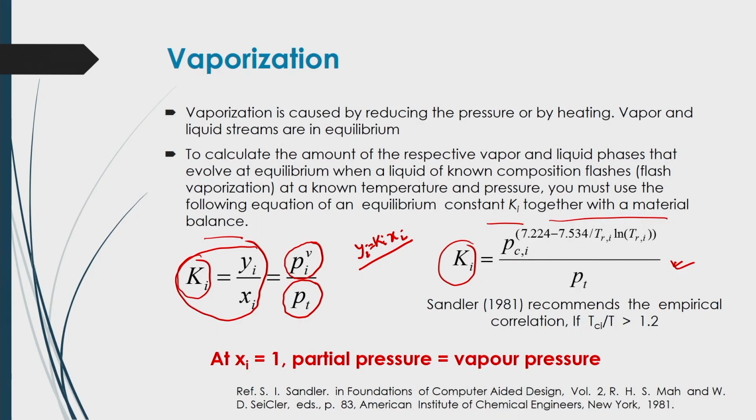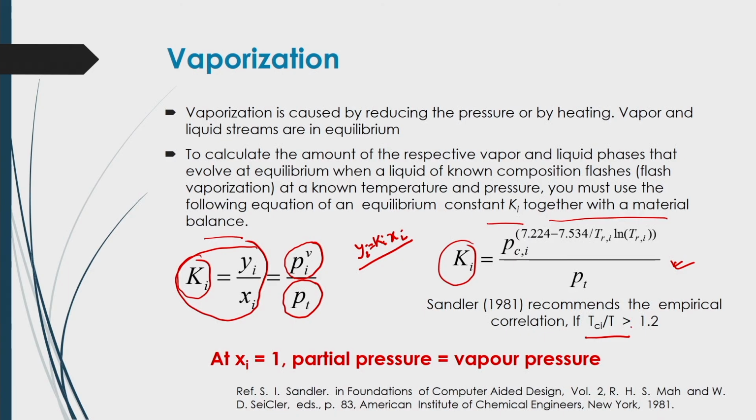This empirical equation will be valid only if the ratio of critical temperature to the temperature of the system is greater than 1.2. So, you can directly use this correlation to find the equilibrium constant. Otherwise, you can find the equilibrium constant from the table given in the appendix of your textbook.